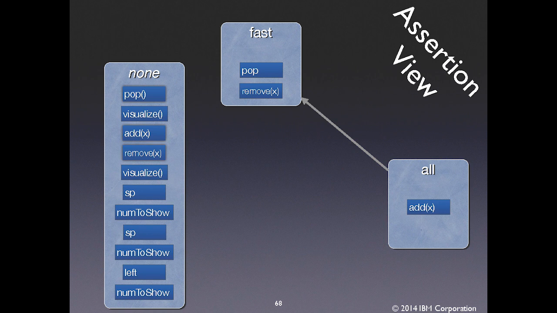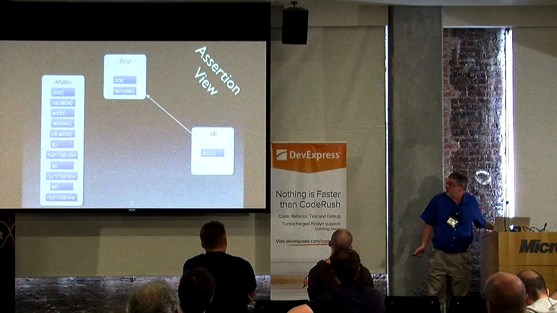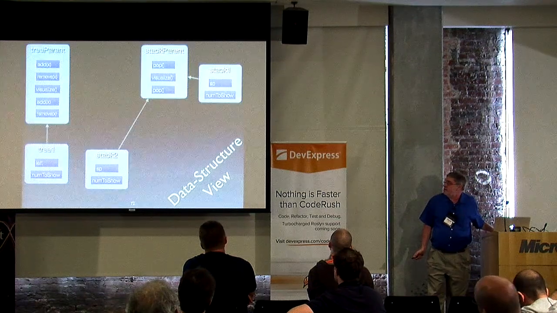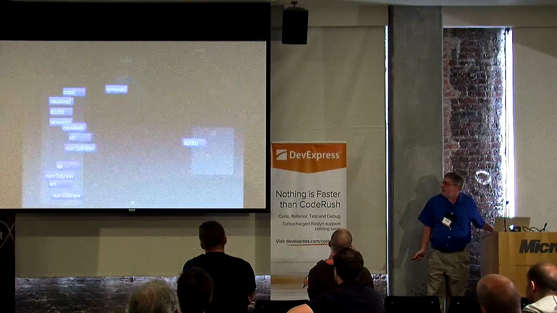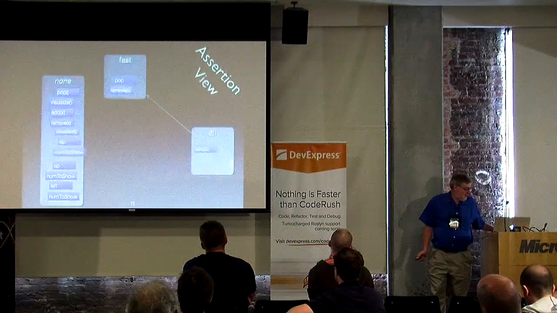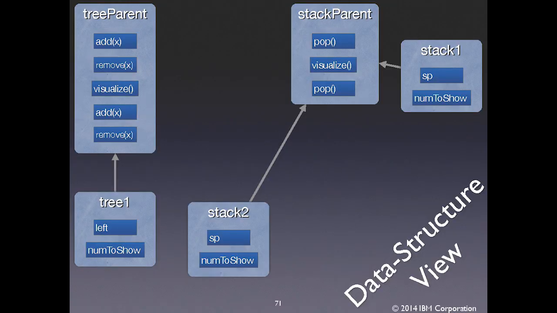Well, this raises an interesting question, because if you think of these things as objects, what are the objects? Are these the objects? Or are these the objects? Are these the objects? Well, this is what I mean when I say we have subjective objects.